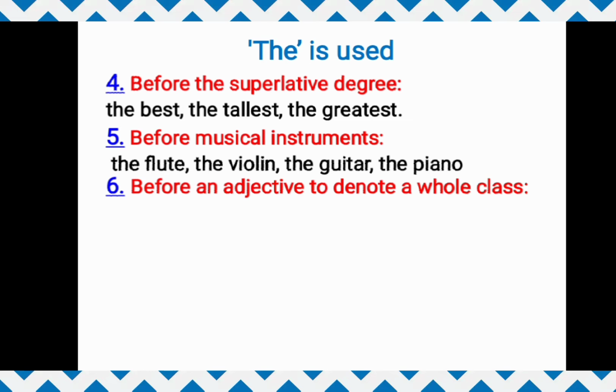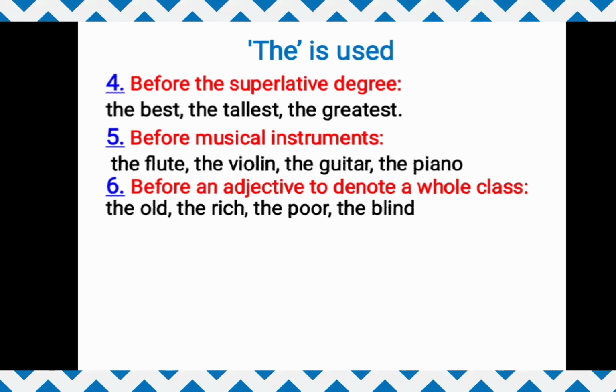Okay. The sixth use of the definite article "the" is before an adjective to denote a whole class, like the old, the rich, the poor, the blind. You can see old is a class, rich is another class, poor is a class, and blind is a class.